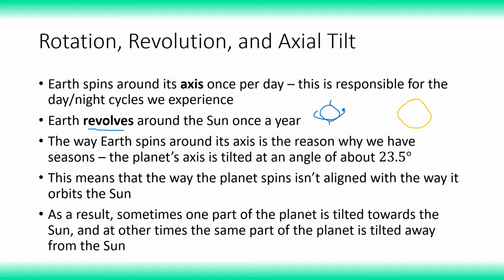Revolution is this motion where it goes all the way around the sun and comes back to where it started. So that's the difference between rotation and revolution. Rotation is responsible for day and night, but revolution, combined with axial tilt, together are responsible for seasons.